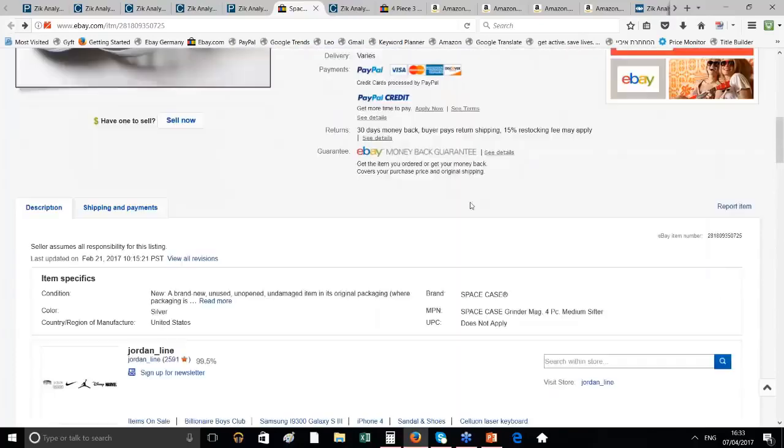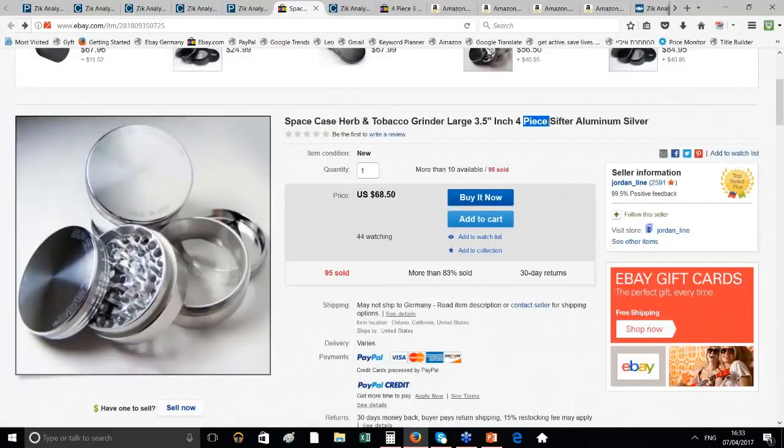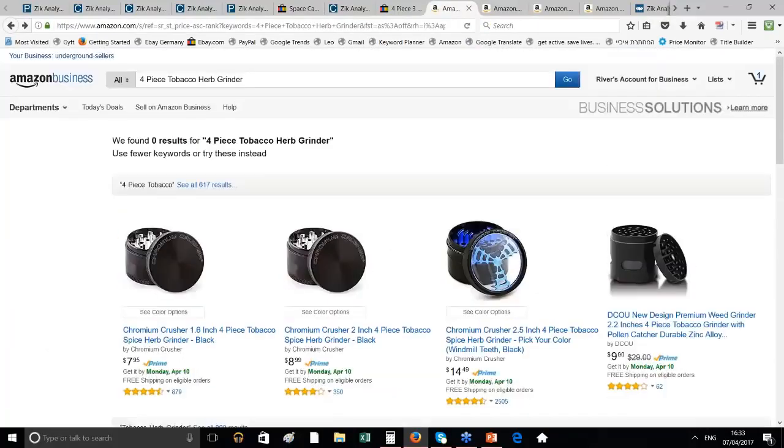I think if you ask me, the main reason it's sold so expensive is the material. So let's go back here and try to see 4-piece, 3.5 inch, and aluminum. How do we write aluminum?